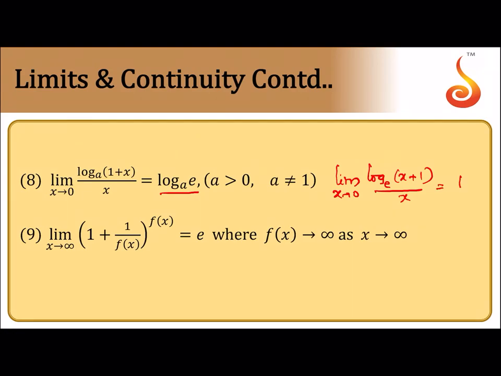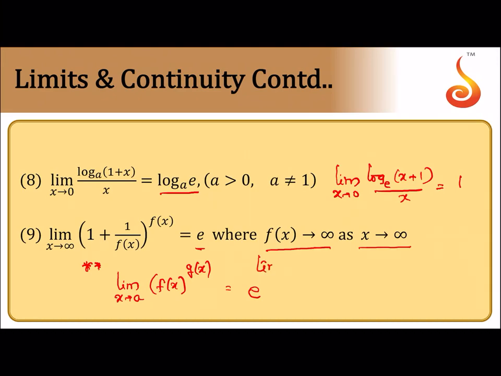Limit x tending to 0, log base a of 1 plus x by x is log base a e. If we straight away write limit x tending to 0, log base e of x plus 1 by x, it is equal to 1. So limit x tending to infinity, 1 plus 1 by f of x to the power f of x is e, where f of x is tending to infinity as x tends to infinity.